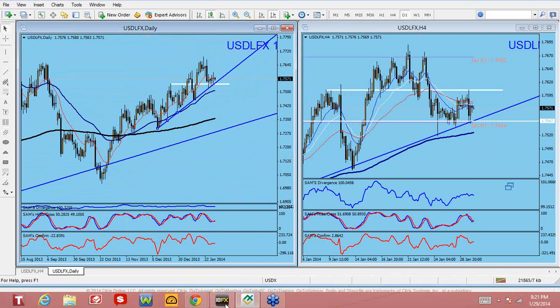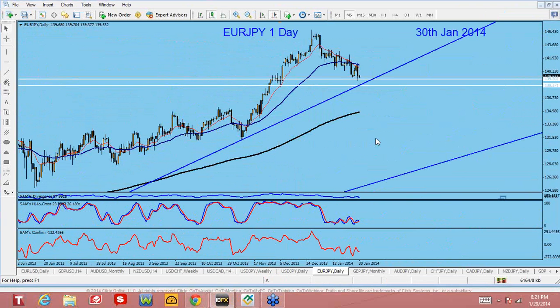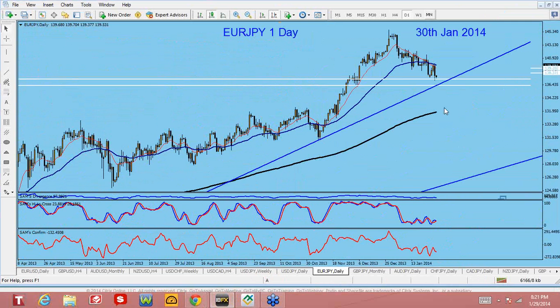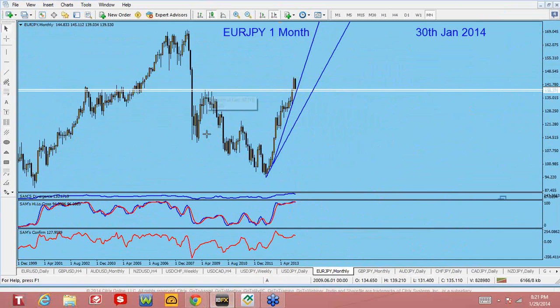All right, let's take a look at a couple of yen pairs. What is happening there? Let's say euro yen is this. The story on that is very simple. When you turn this into monthly, you will see this highest point right here.